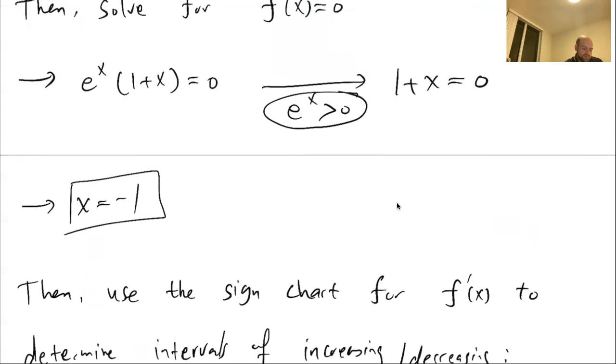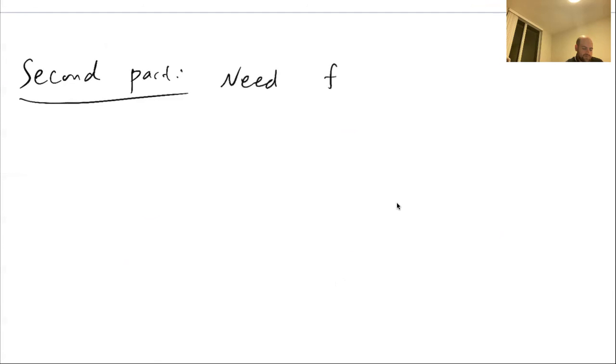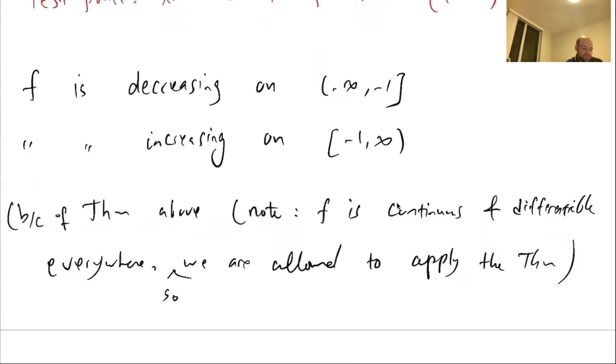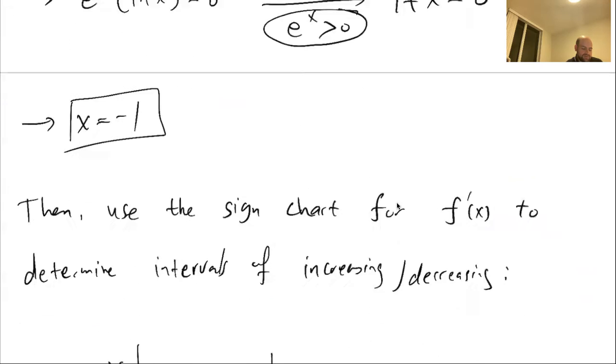Now the other part of the question asks us to determine intervals of concave up and down. So let's do that as well. For the second part, we need f double prime of x. f double prime of x means what? Means derivative of first derivative. First derivative was e to the x times 1 plus x.